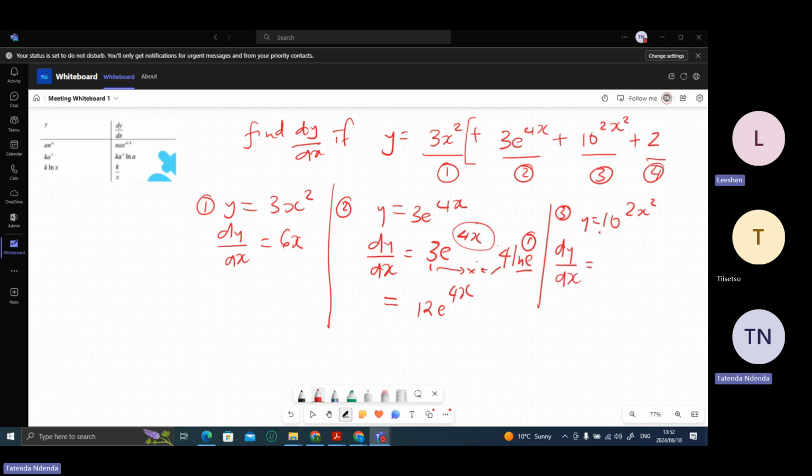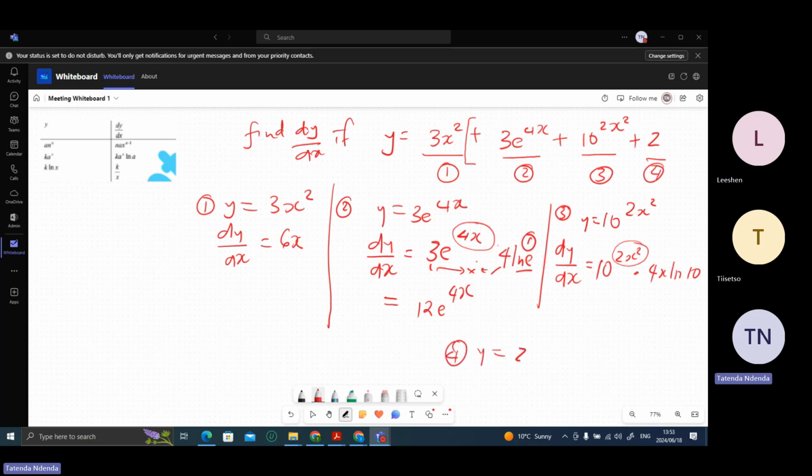First of all, I told you to write the term the way it is, so that's 10 to the power of 2x squared, multiplied by 4x ln of 10. What about the e? If we differentiate 2x squared, we get only 4x, so it is 4x ln of 10.